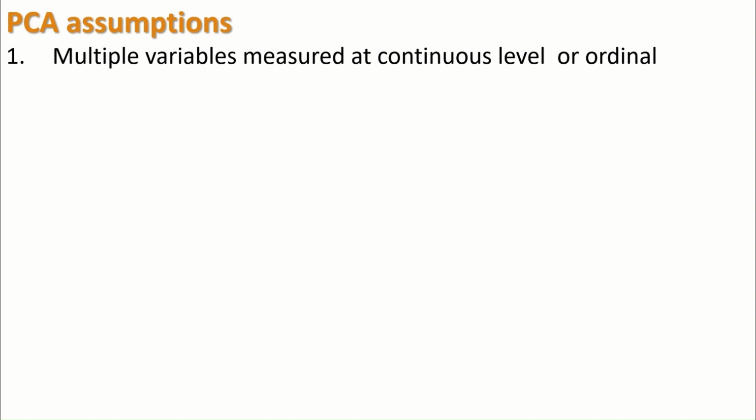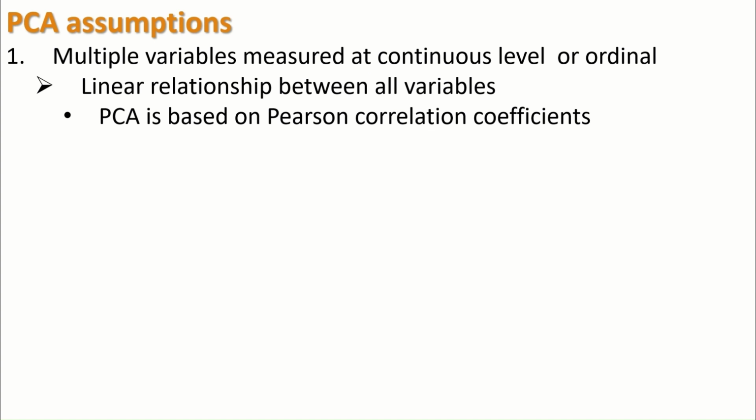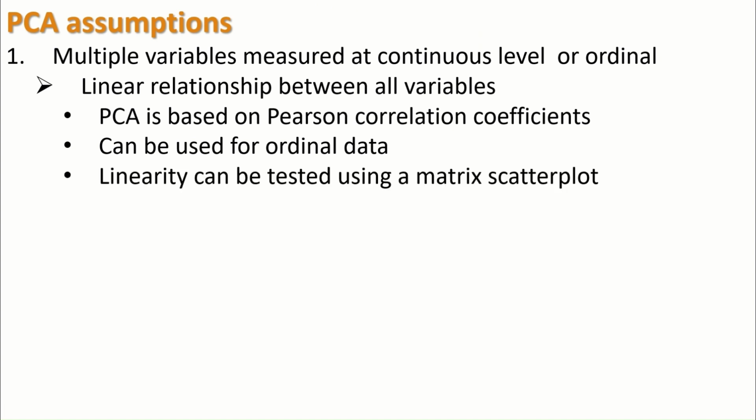Or the responses can be continuous variables. There should be a linear relationship between all variables if they are continuous. PCA is based on the Pearson correlation coefficient. The method can also be used for ordinal data such as Likert scale. Linearity can be tested using a matrix scatter plot.